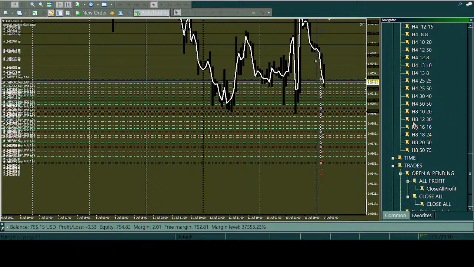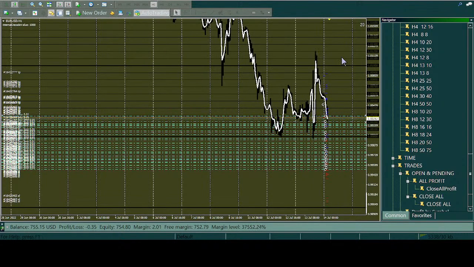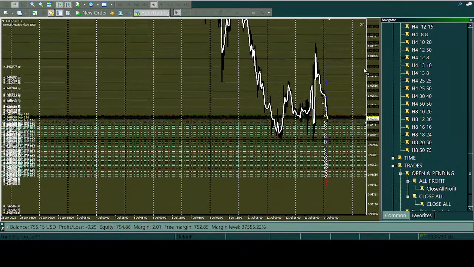These are all single drops I'm running here. 50 to make 75. 8 hours down at the bottom, in case we go down tonight. Or the next 8 hours. So I just want to get in super deep down here. You'd be surprised how far the market can drop.